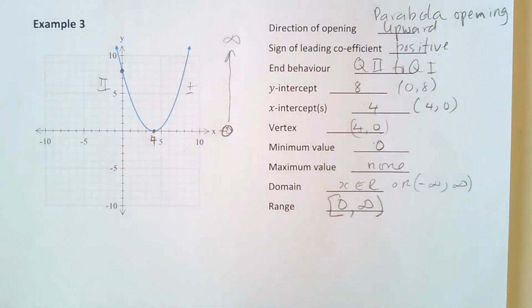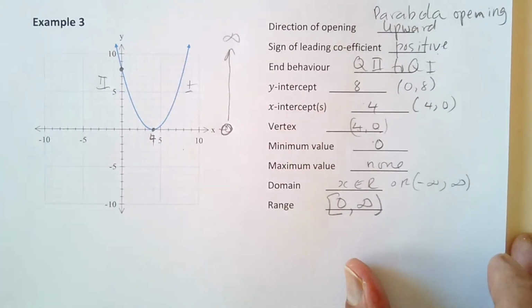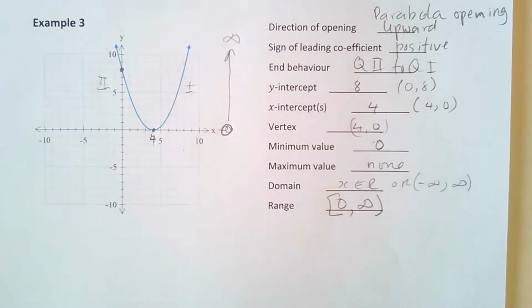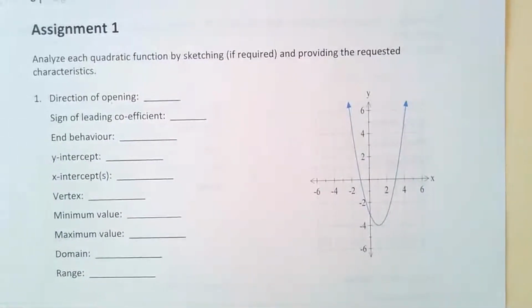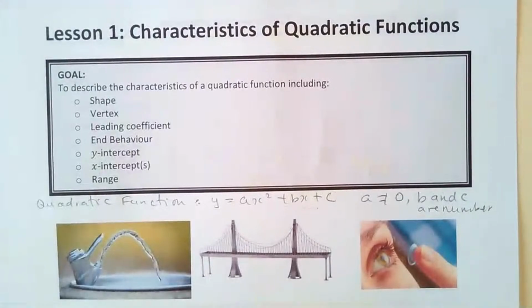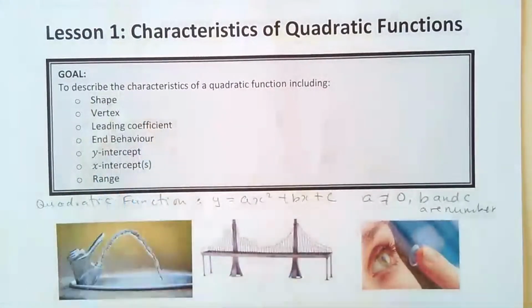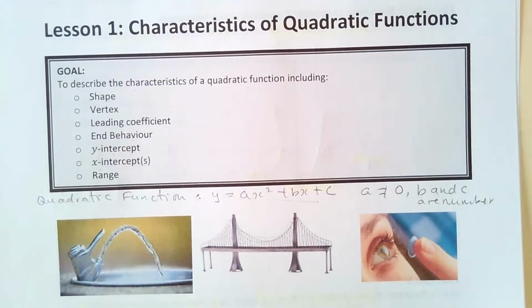So your task now is to complete assignment 1, which is on page 8. Today, our main goal is to describe the characteristics of a quadratic function when you're given the graph.